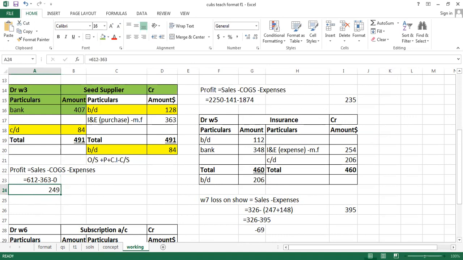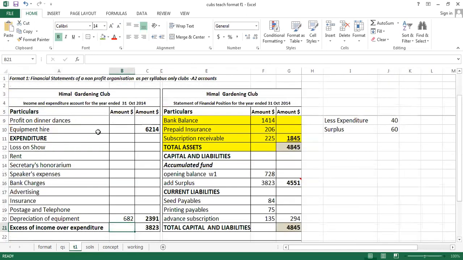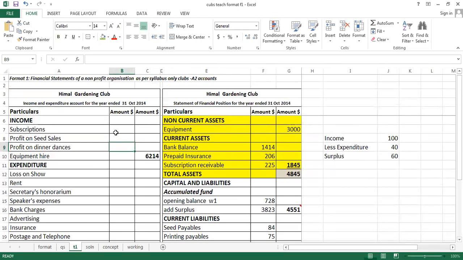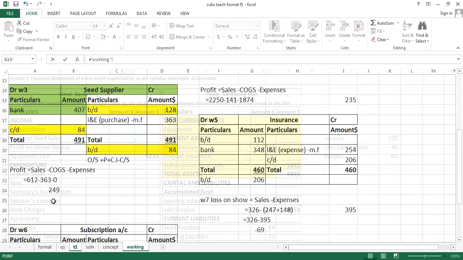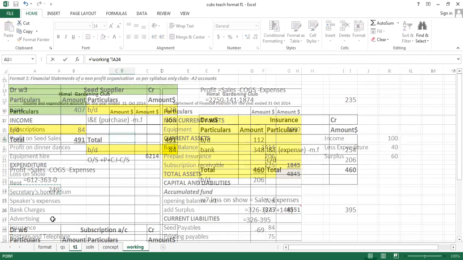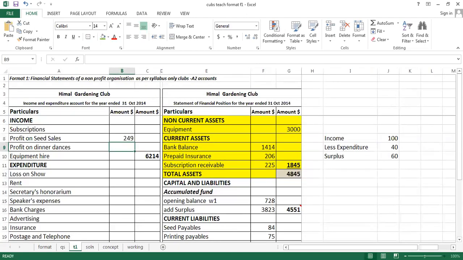Now this is profit. So up here, you can see in the solution, profit on seed sales. This is where you place it. Profit on seed sales, that was 249. This is how you place it, and of course you need to write the work note number.